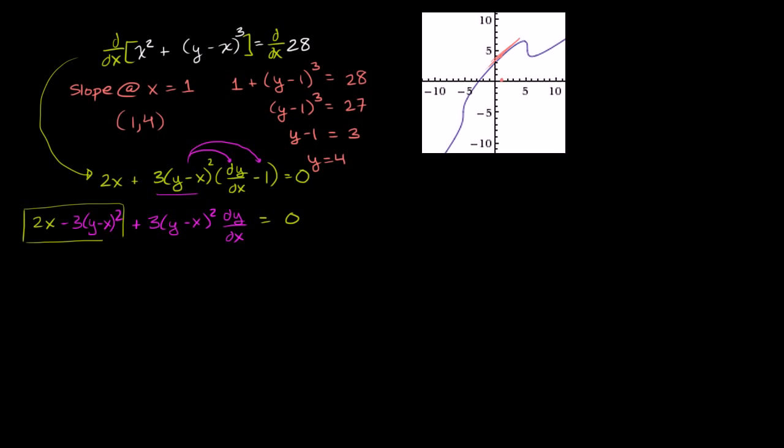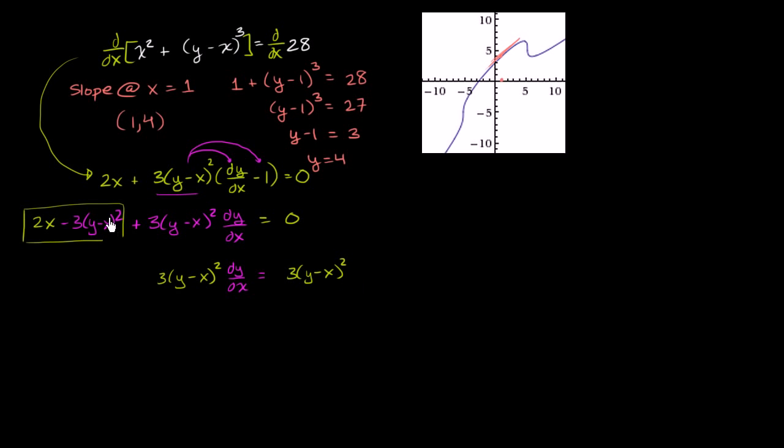On the left-hand side, and actually all the stuff that's not a dy/dx, I'm going to write in green. So on the left-hand side, we're just left with 3 times (y minus x) squared times dy/dx, the derivative of y with respect to x, is equal to, I'm just going to subtract this from both sides, negative 2x plus this. So I could write it as 3 times (y minus x) squared plus, minus 2x.